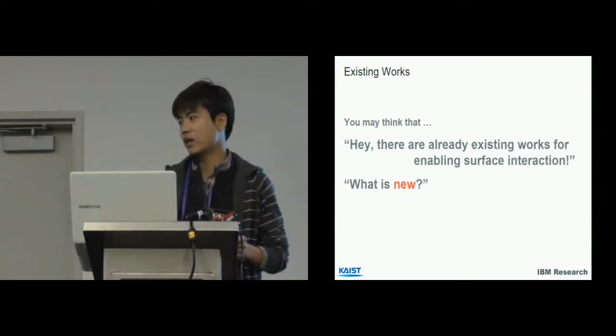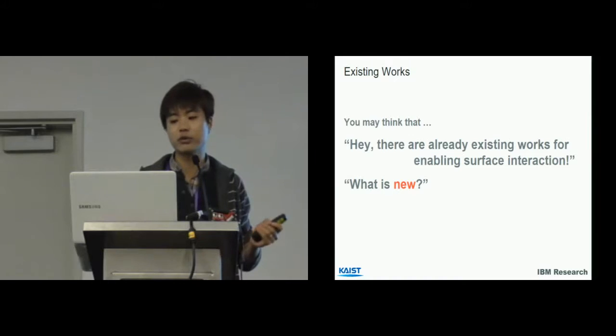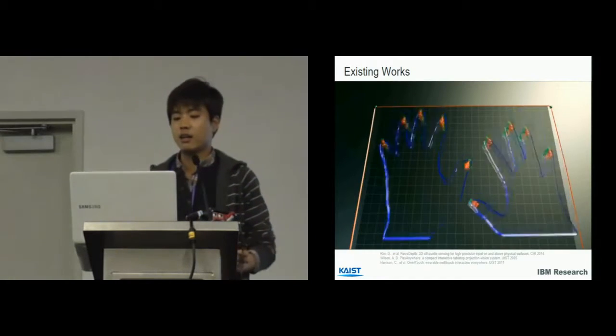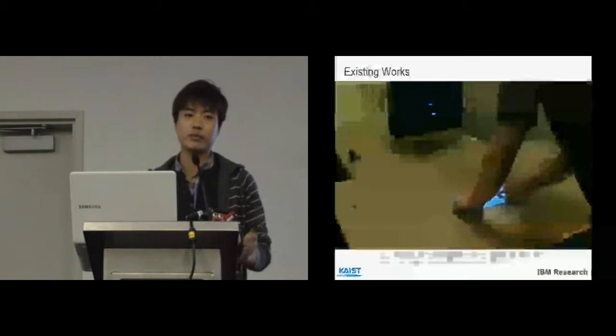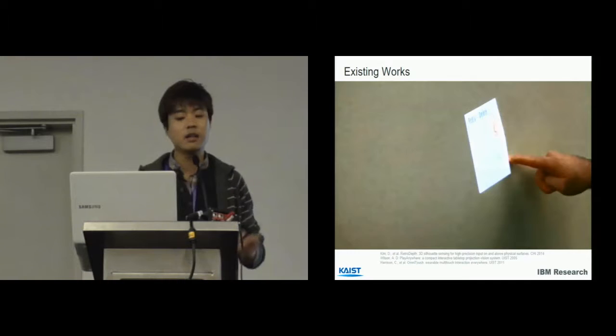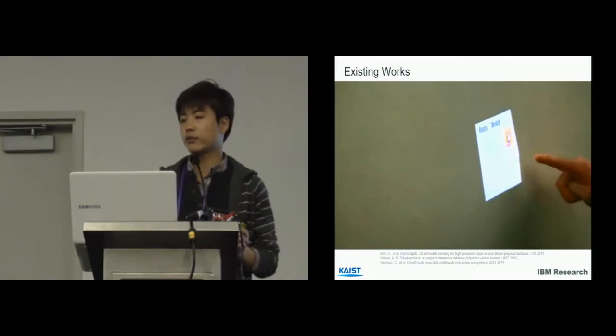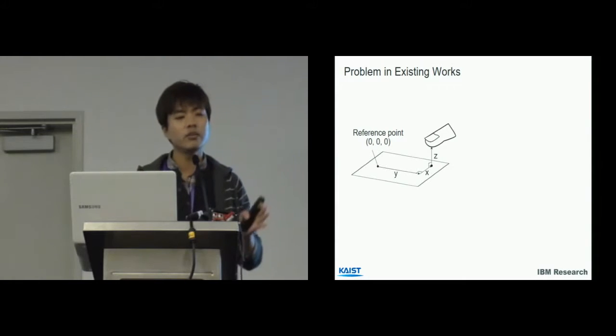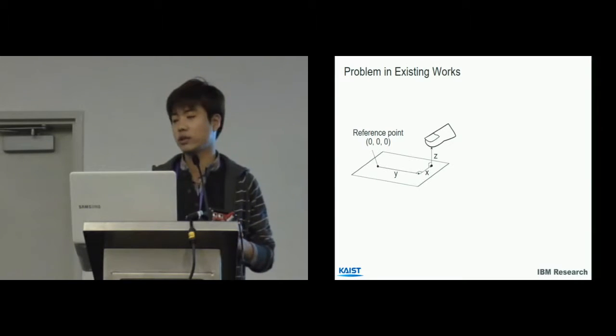I guess many of you may be curious about what is new in surface interaction. Yes, many researchers have proposed finger tracking techniques for surface interaction. This video shows existing works for finger tracking on a surface. The fingertip location above a surface can be represented by the xyz coordinates.